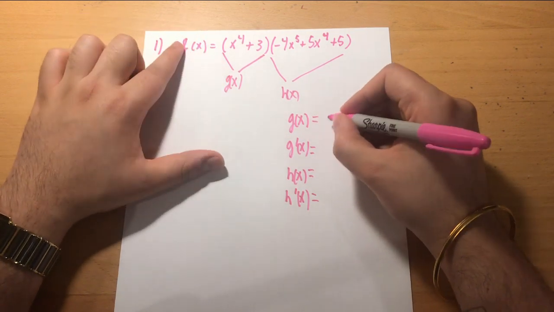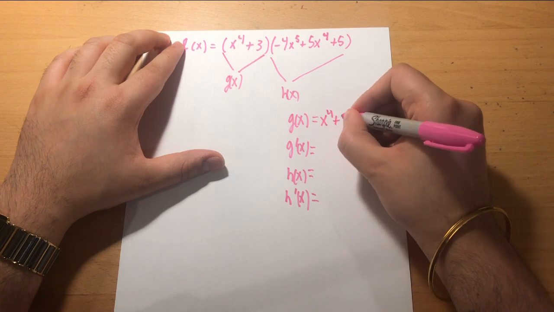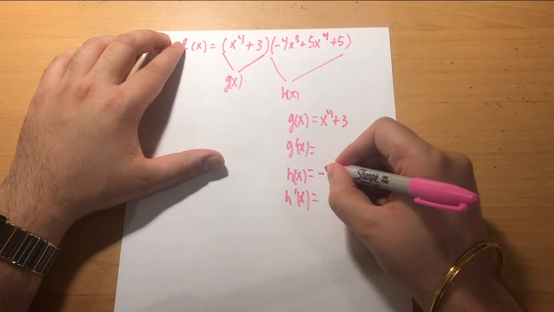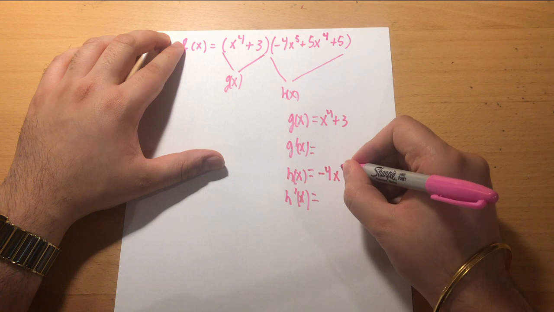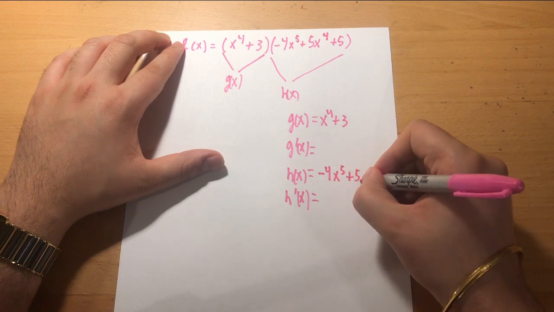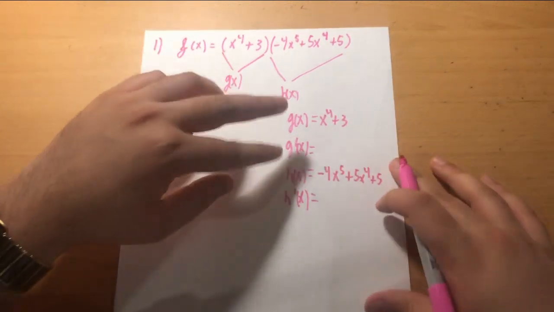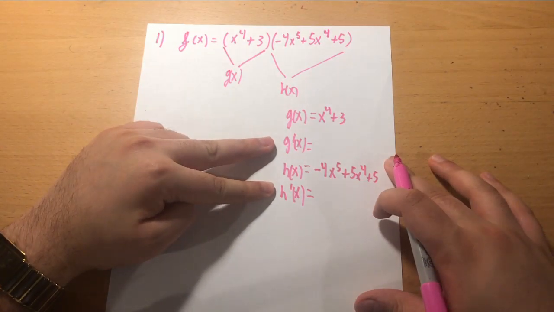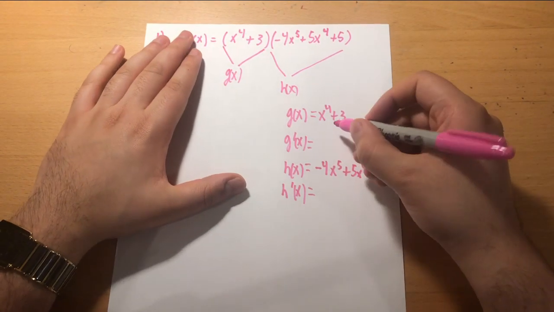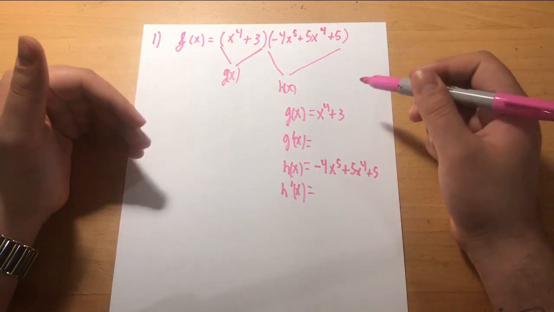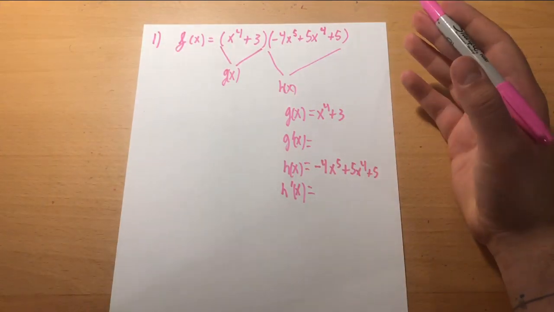So g of x I've listed as x to the fourth plus 3, while h of x is negative 4x to the fifth plus 5x to the fourth plus 5. Now let's go about finding the derivatives of those. Again, these just use power rule. You should be fairly familiar with that.